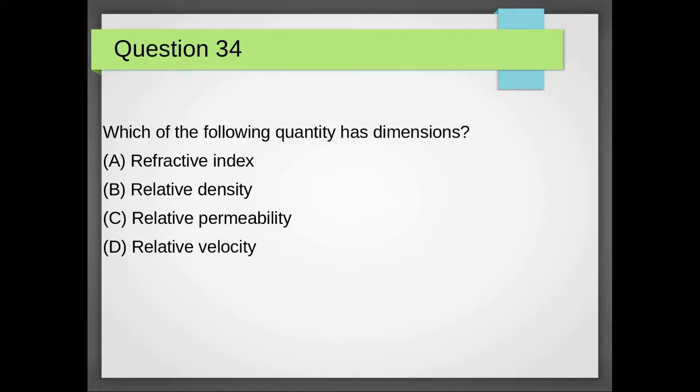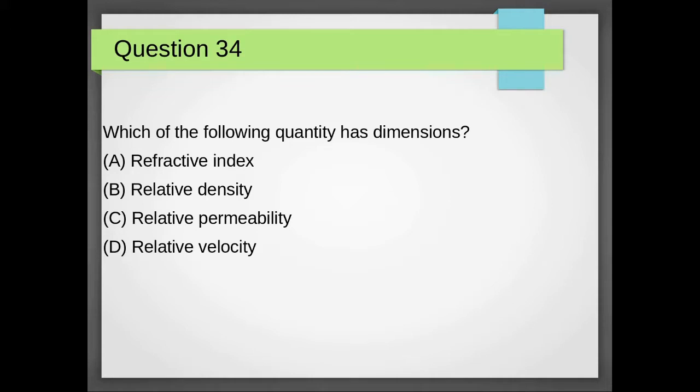Question 34. Which of the following quantities has dimension? So there are 4 options given: refractive index, relative density, relative permeability, and relative velocity. Let's go one by one. Refractive index. It is the speed of light in a denser medium over the speed of light in another medium, which might be denser or less dense.